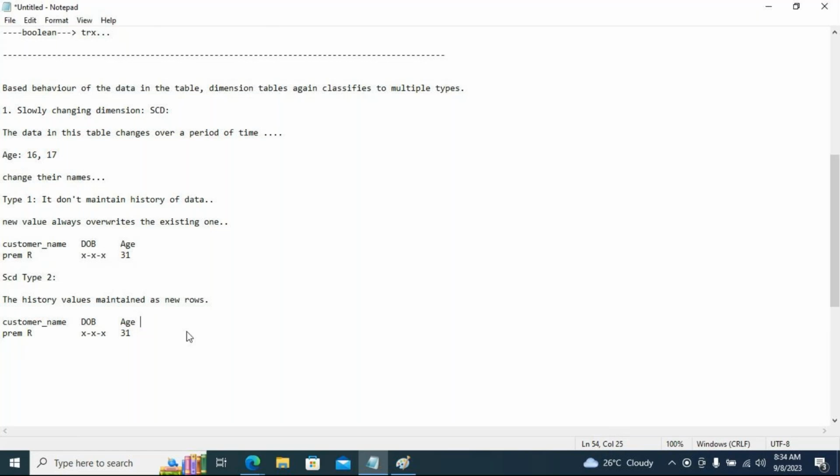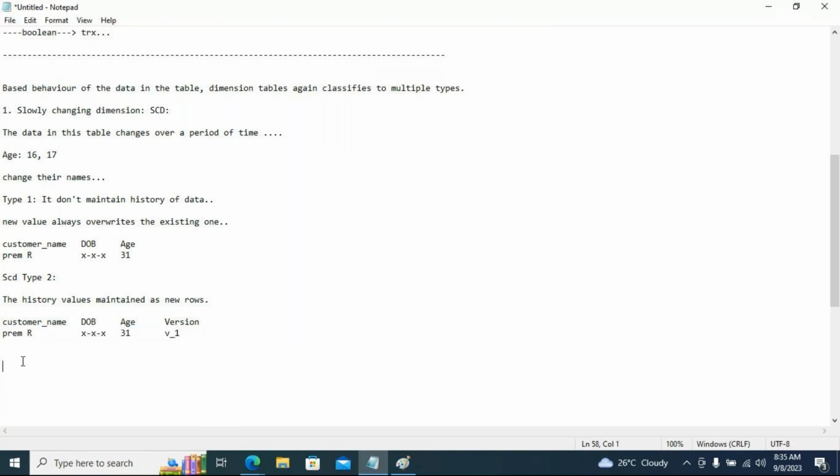Here is the version information, V underscore 1. Now the age is 31.